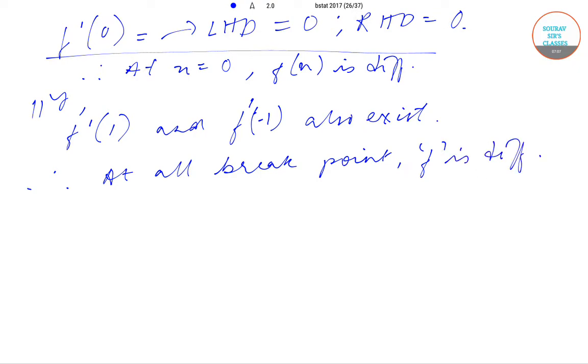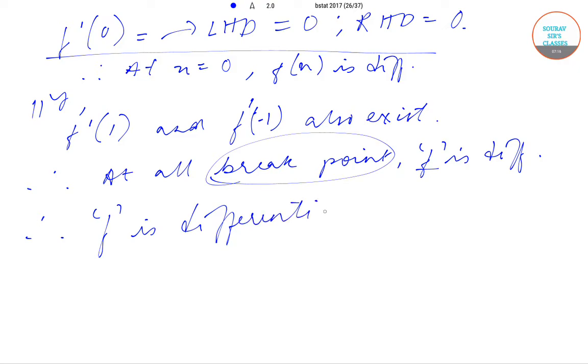Now if the function is differentiable at all breakpoints, then f is differentiable everywhere. So this is option A.